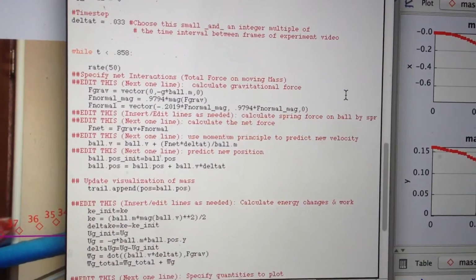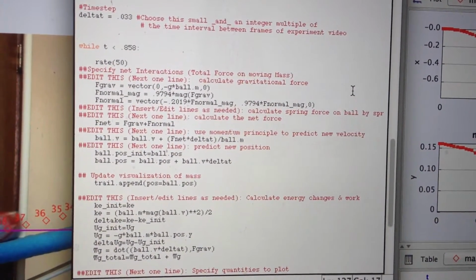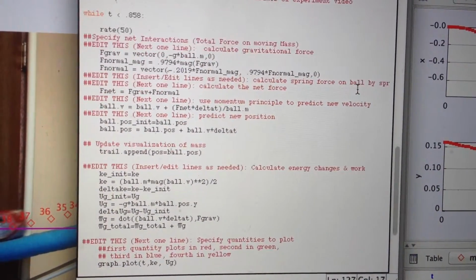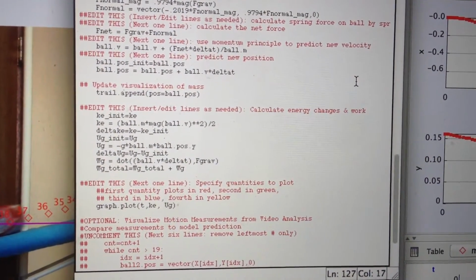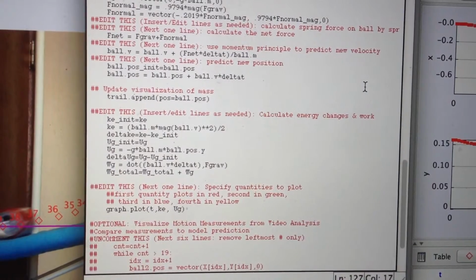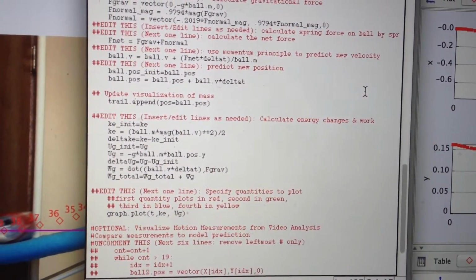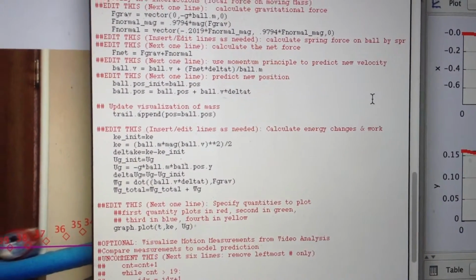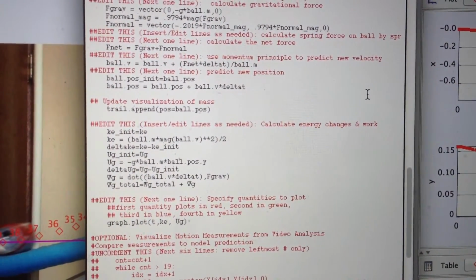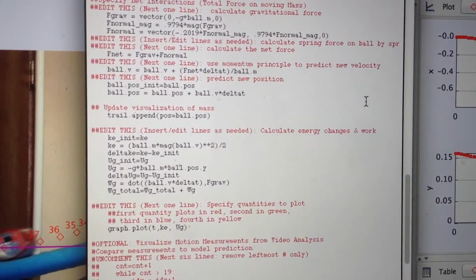F net is F grav plus F normal. Then I updated the velocity and position. And then down here I figured out kinetic energy and gravitational potential energy for the system, and I had the Earth and the can as the system, so delta E equals 0.